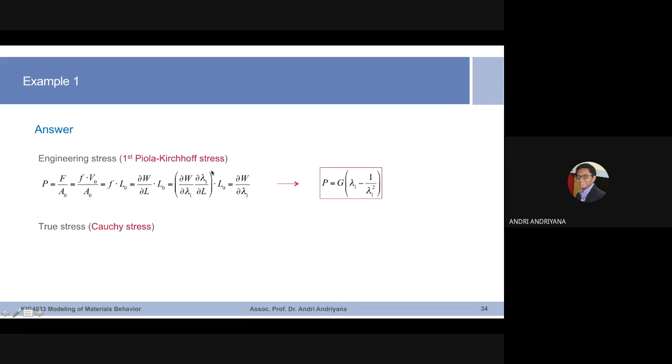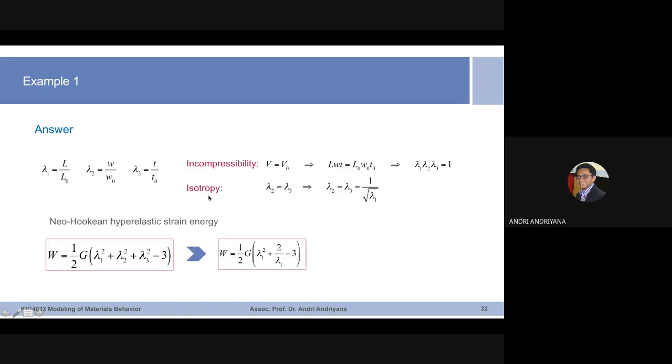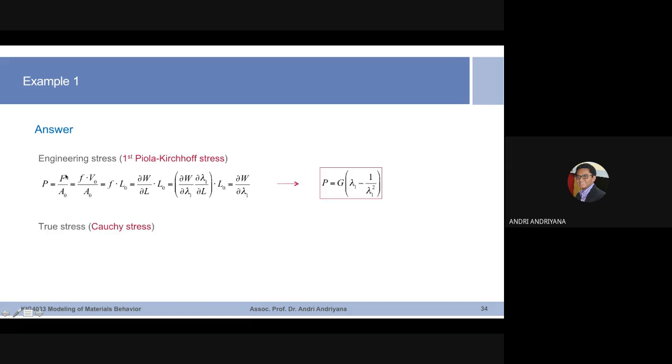Again, for the differentiation of lambda 1 with respect to L, I go back to the previous slide. This is lambda 1. Remember, L0 is a constant, L is the variable. So if I differentiate lambda 1 with respect to L, it becomes 1 over L0, which cancels out with L0 here.